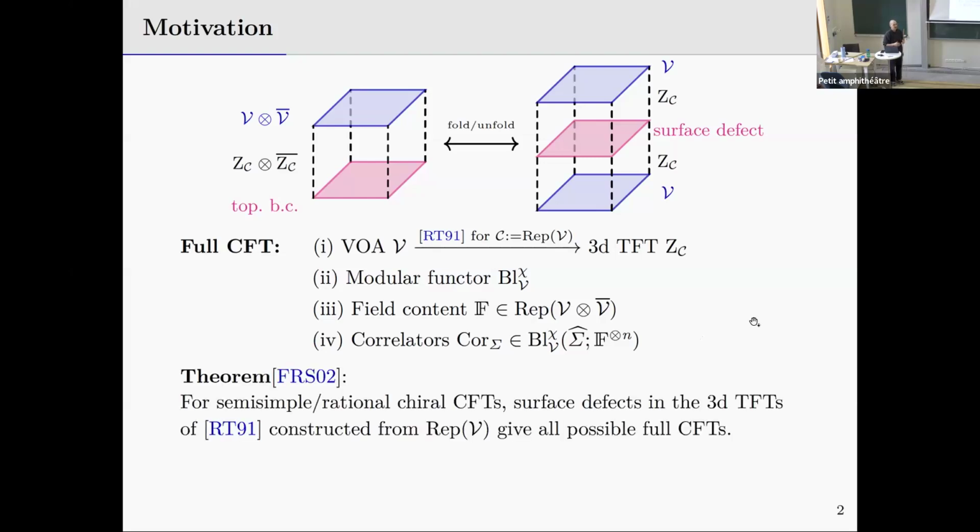And this is essentially a very abbreviated or condensed version of the FRS construction, the Fuchs-Runkel-Schweigert construction Ingo is talking about in his lecture, which, sufficiently summarized, says that for a semi-simple or rational chiral CFT, surface defects in this 3D TFT of the Reshetikhin-Turaev type give you all possible full CFTs with this chiral CFT fixed.